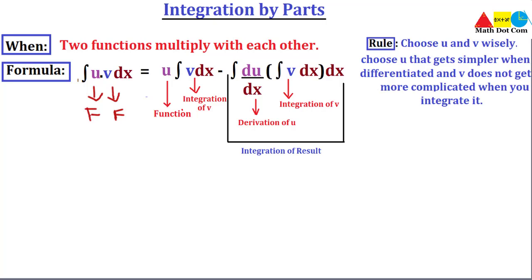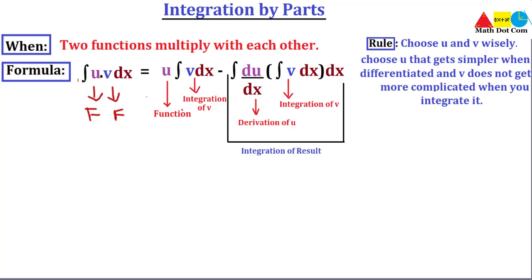The rule is you have to choose u and v wisely. You cannot choose just any function as u and any function as v. You have to be careful which function should be u and which should be v, because sometimes while simplifying the functions we get a complex form that becomes more difficult to solve by using this method.